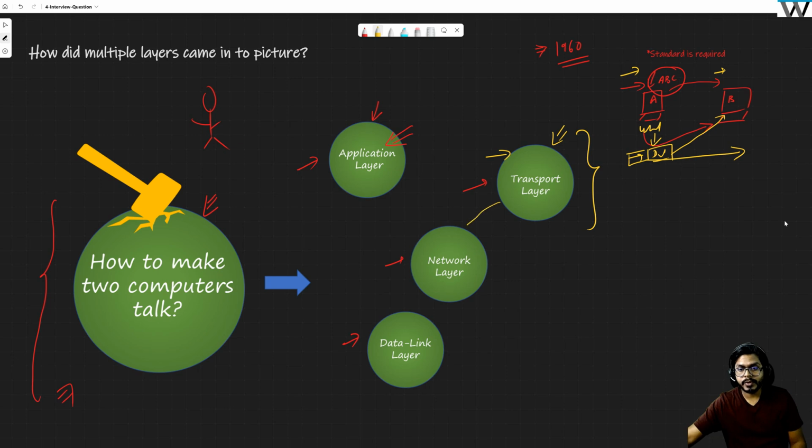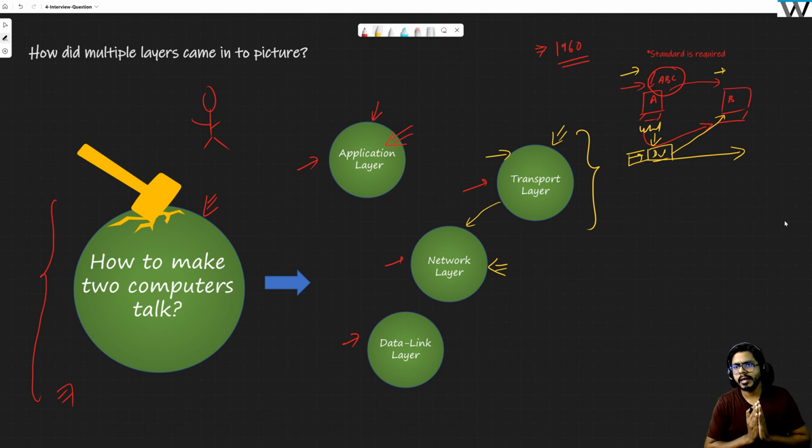Now here comes the network layer. Before sending, the transport layer was checking whether the receiver is there or not. The responsibility of the network layer is very simple. Its responsibility is to send the message from A to B, right?